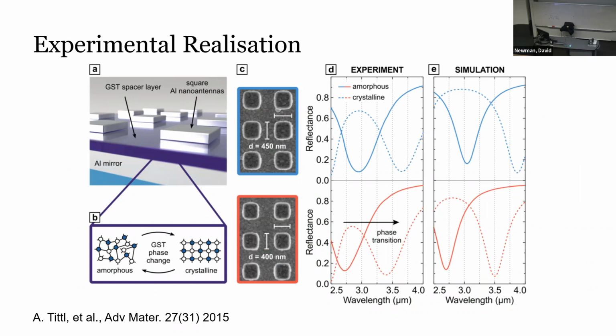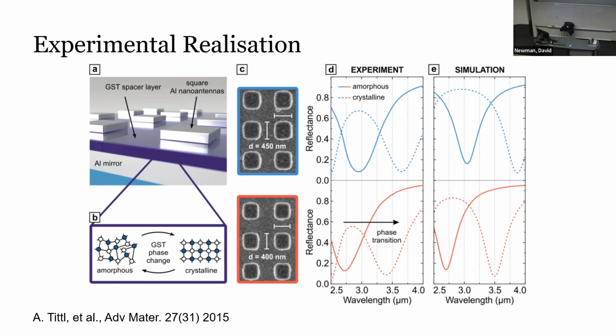They excited these plasmonic resonances in the aluminium layers and saw very strong tunability of the resonances when they switched the material between the amorphous and crystalline states. So this was an experimental proof that these data storage materials could be used for programming these mid-infrared metamaterials.